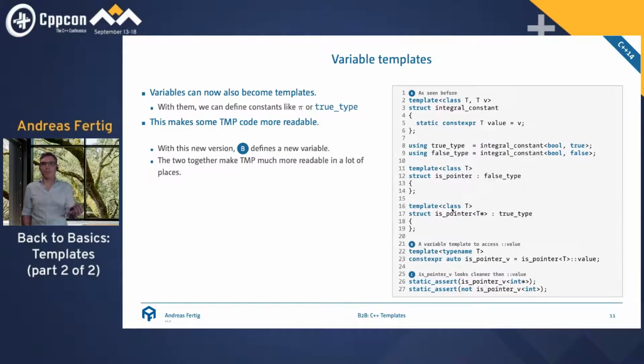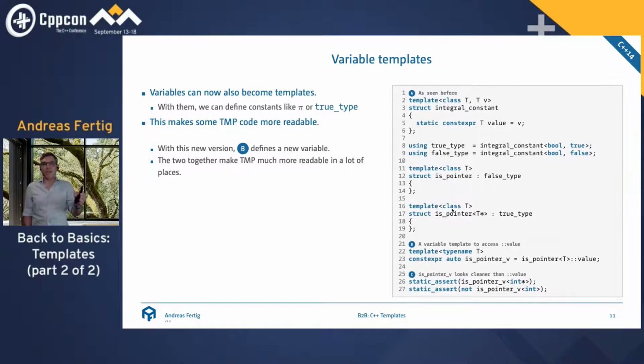By that, essentially, is_pointer_v gets to be a Boolean, which stores the value of this instantiation. Because all this happens at compile time, this yields is_pointer_v either being true or false for your specific type. So technically, you can have multiple is_pointer_v variables in your code because they're all instantiated for different types.